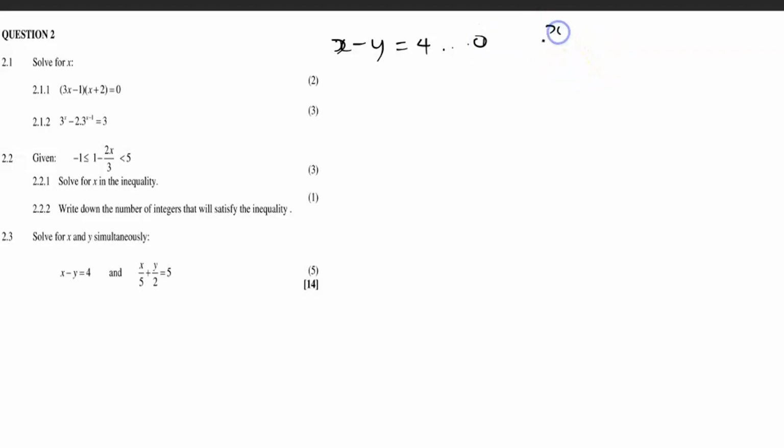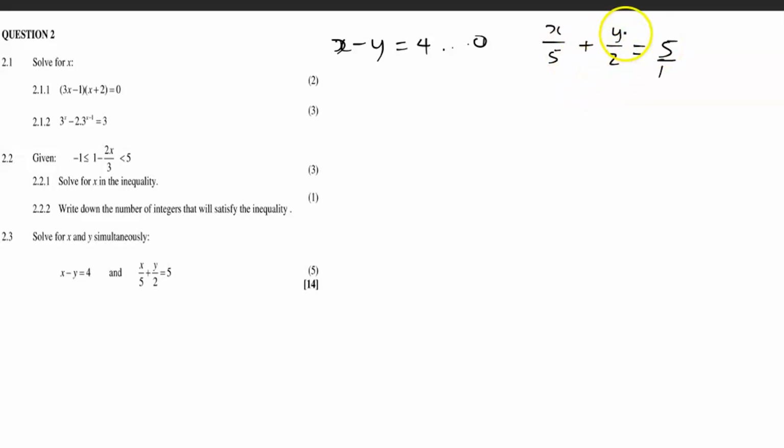The second one is x over 5 plus y over 2 equals 5. Then you can see this one. You should not make this your equation 2. Instead, find the LCD and multiply with it throughout. So you've got 2, 5, and 1 as your denominators. So the LCD is definitely going to be 10.